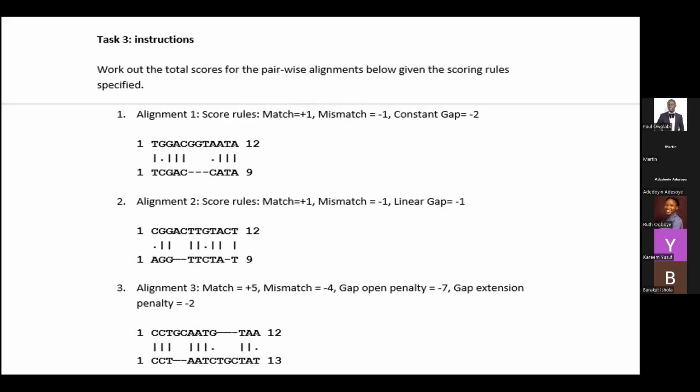Then we calculate the number of matches and the number of mismatches, sum everything up together, and that is our alignment score. Do you understand? So you mean the total number of gaps, minus the matches, minus the mismatches? Exactly.